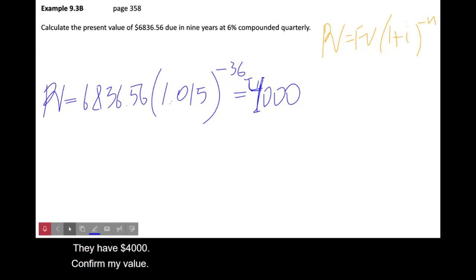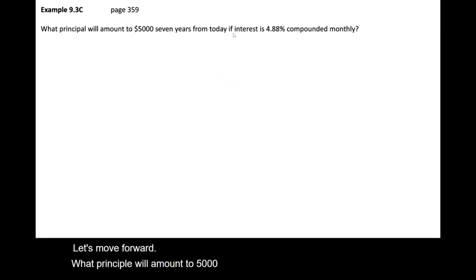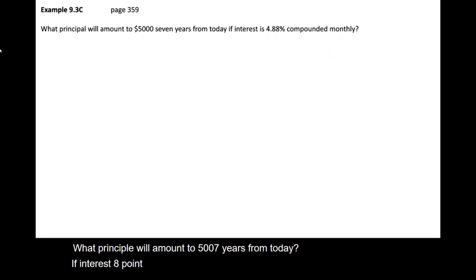Okay, let's move forward. What principal will amount to 5,000 7 years from today if interest is 8.88% compounded monthly? Okay, guys, go ahead.